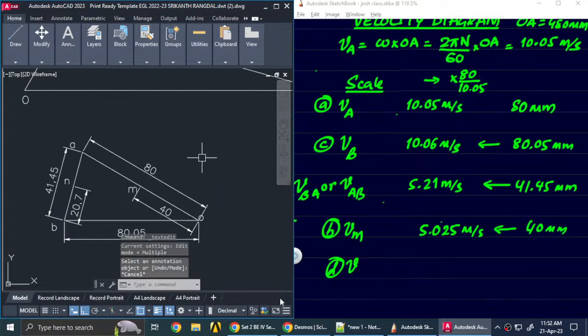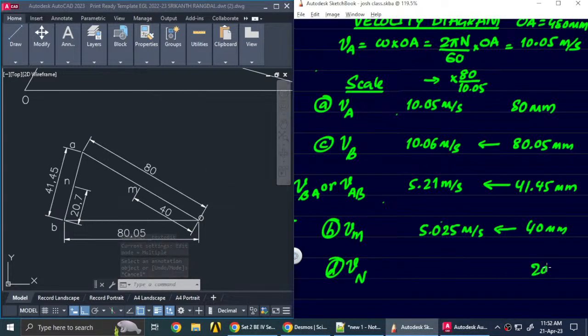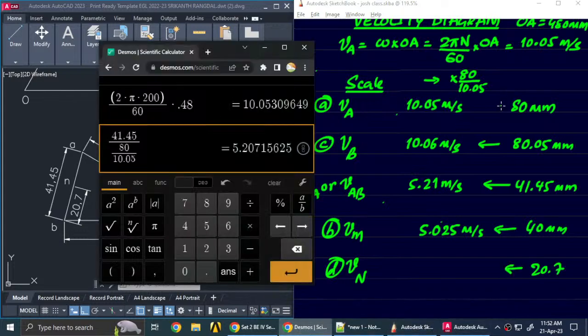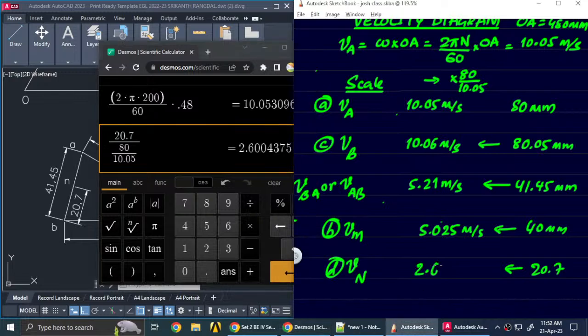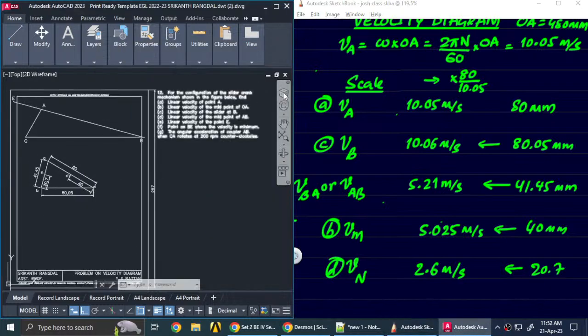Okay, so velocity of n, we're getting its measurement as 20.7, so again you need to use this over here and substitute 20.7. We're getting 2.6 meter per second. That is the answer for d bit.